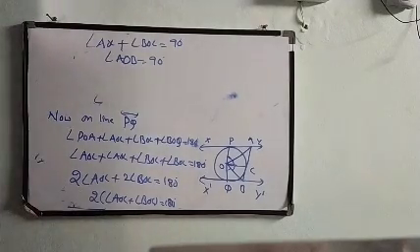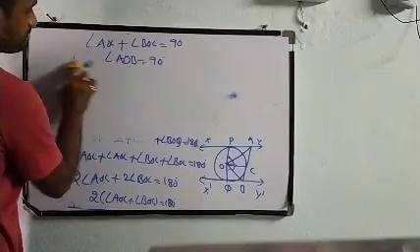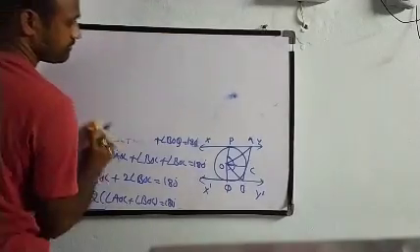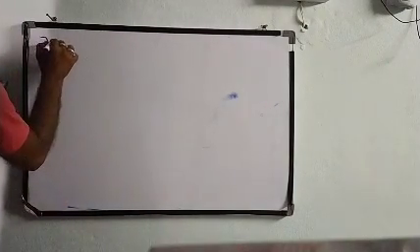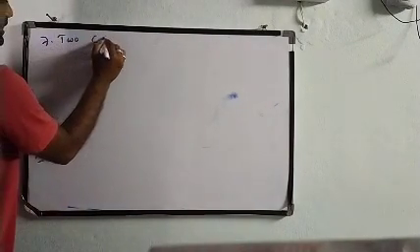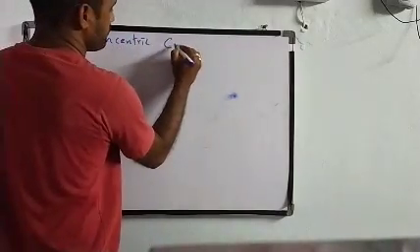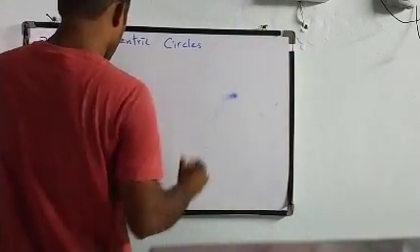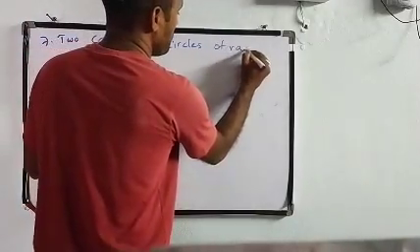Next, let us take another question. Question number 7. So the question is, two concentric circles of radii 5 cm and 3 cm.